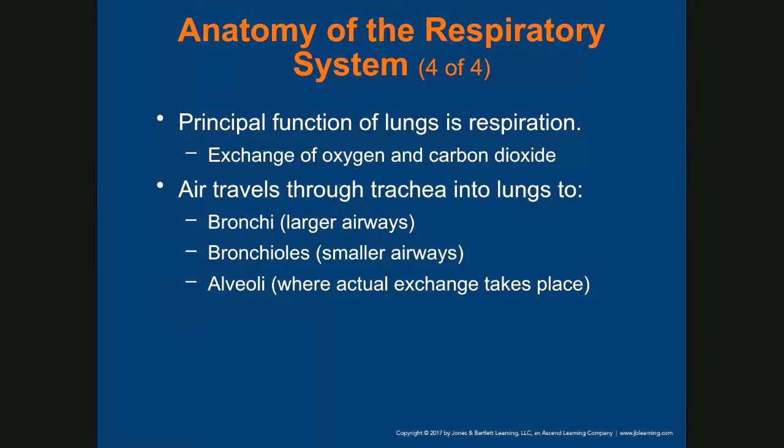We have approximately 100 million bronchioles in our lungs. Each bronchiole has 7 alveoli, so we have about 700 million alveoli in the lungs. The alveoli is where the actual exchange of oxygen and carbon dioxide occurs.